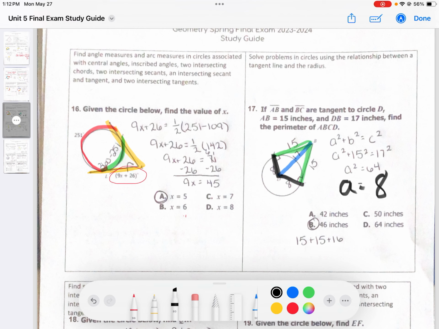And once again, perimeter just means to add up the sides. So 15 plus 8 plus 15 plus 8 is 46. And we figured that out in, I think, problem number 3.